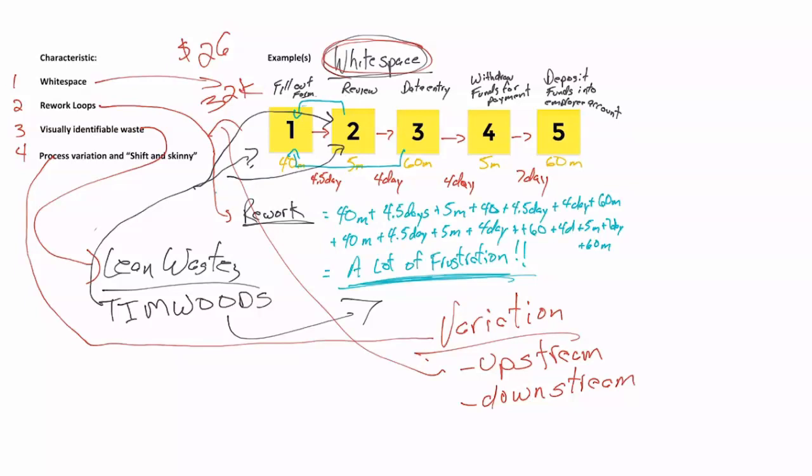We may need all of the steps for this very complex request, but then we still perform the same number of steps even for a very simple transaction. That can be frustrating. Downstream variation also plays a role. If I get that check back to me deposited in 8, 12 days, I'm okay.